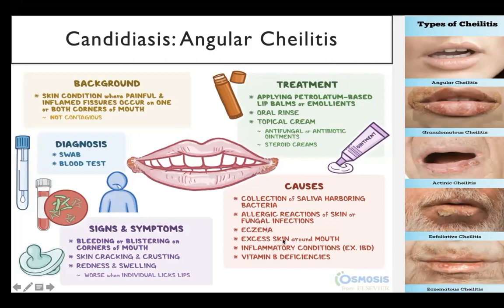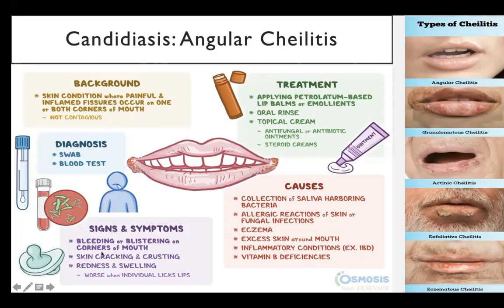Eczema, excess skin around the mouth, inflammatory conditions, inflammatory bowel disease for example, and then vitamin B deficiencies. Very okay. Causes, and then we go for the diagnosis. How to diagnose them? We take a swab test, and then a blood test.